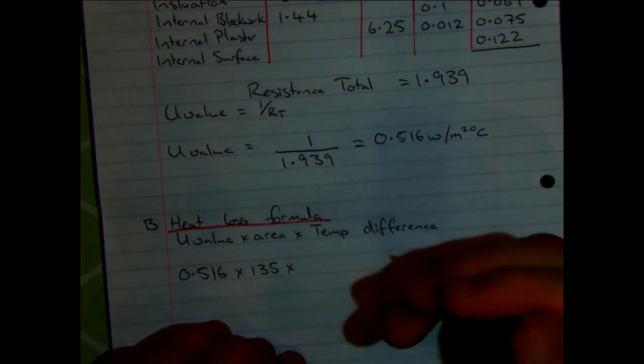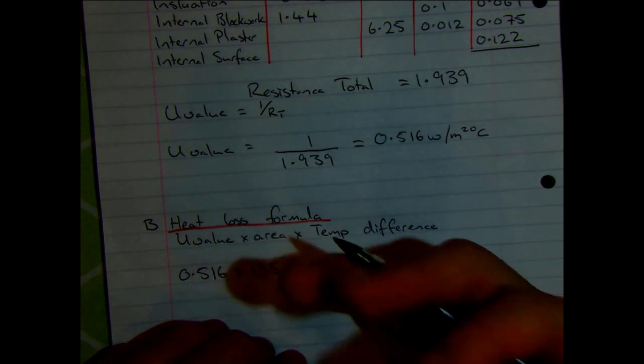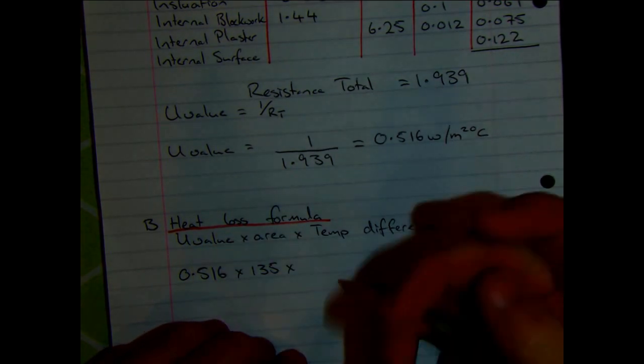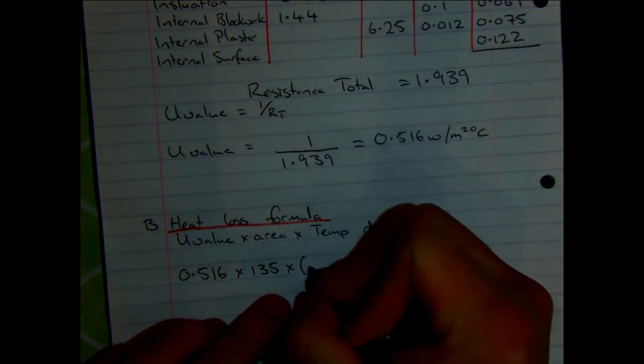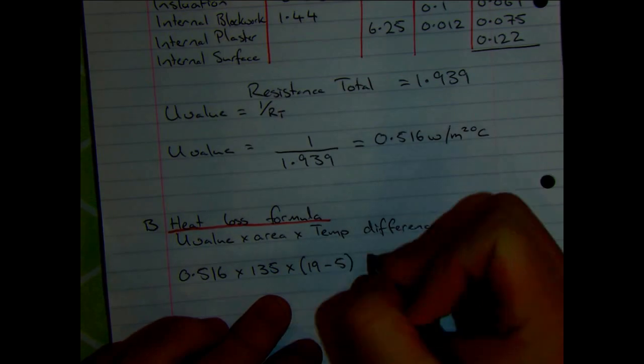For the temperature difference, it gives us the external temperature and the internal temperature. So we take the external temperature away from the internal temperature to get the temperature difference. So it's 19 for internal, take away 5 for external.